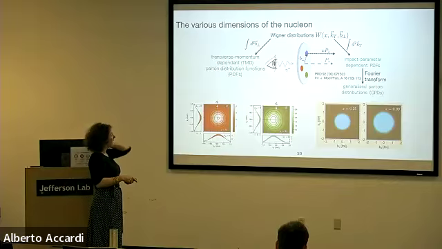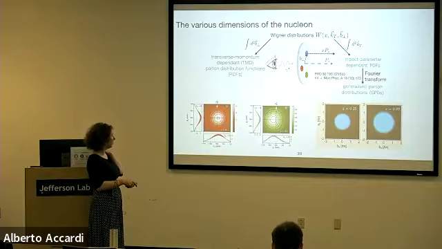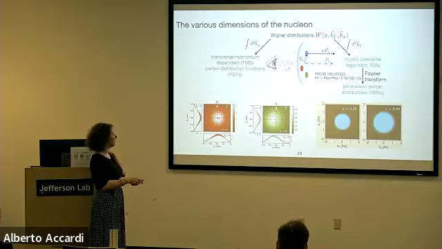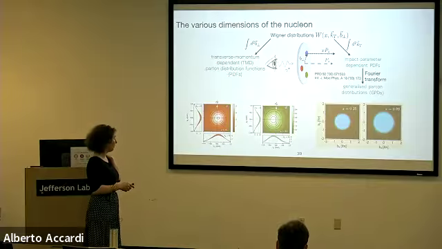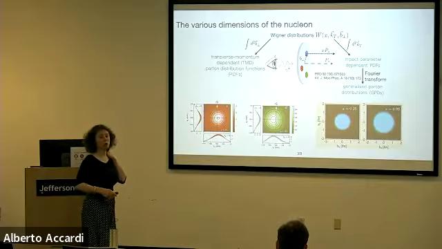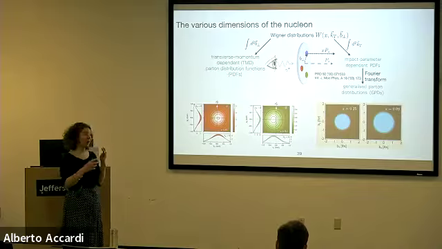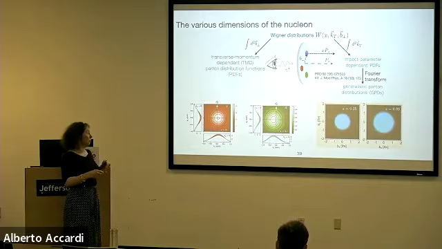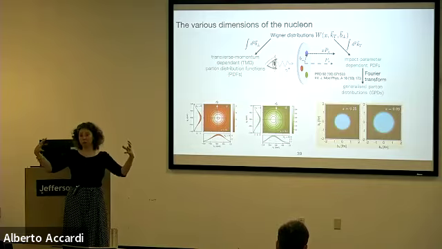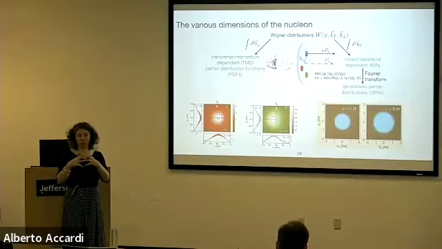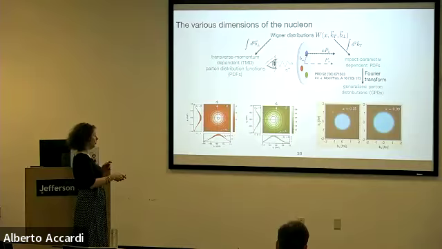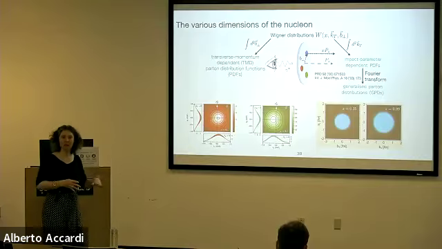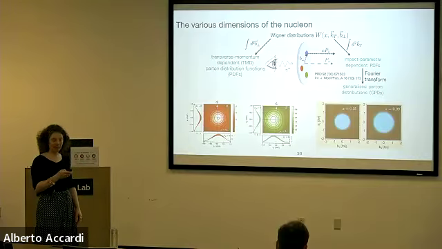So here you see the distribution of an up quark with a longitudinal momentum fraction x of 0.25, and here you have the two position components. And here you see the same, but for an up quark with a much smaller longitudinal momentum fraction. So it shows you that quarks with low fractional momentum tend to spread away further from the center of your nucleon compared to quarks with a higher momentum. There are subtleties in this interpretation, but it's to give you an idea.